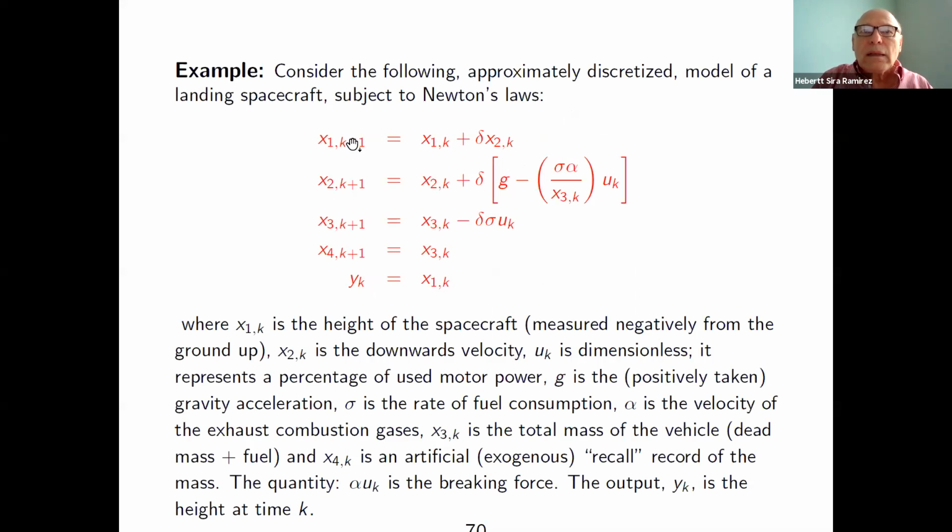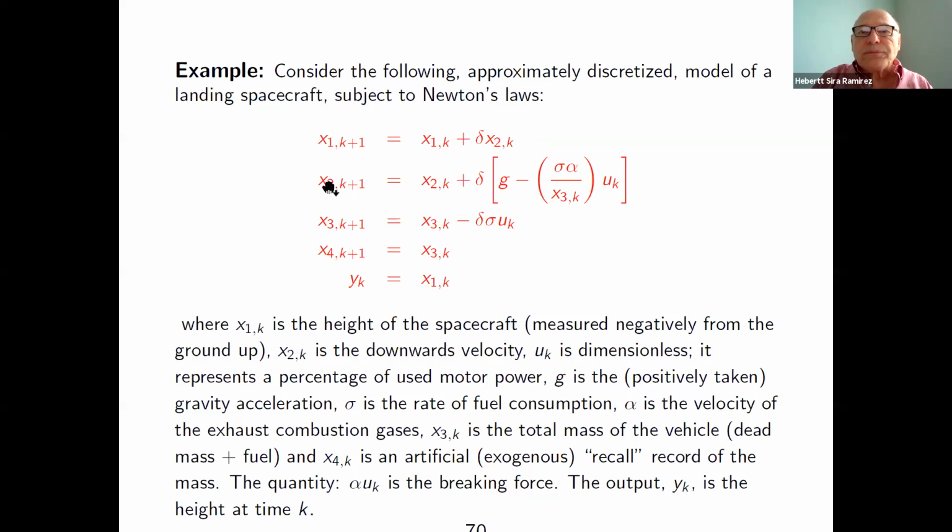So (x1(k+1) - x1(k)) divided by delta gives you the time derivative in the limit of x1. So that's the velocity. The velocity is called x2. Delta is the sampling interval. So the velocity of descent is x2, and the acceleration, which would be the derivative of x2 in the continuous time case, would be the difference of these two terms divided by delta.